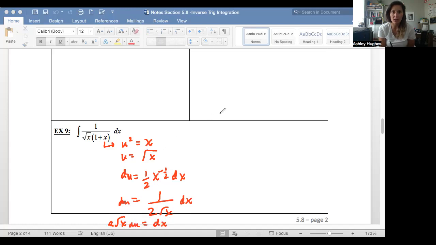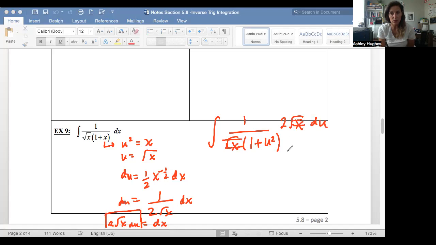So if I try to rewrite it using that information, I have 1 over root x, and then I have 1 plus u squared, and then instead of writing dx, I write 2 root x du, because that's what it's equal to. So that means this root x will cancel out, which means that this is an arctan. And it's just 2 times that.